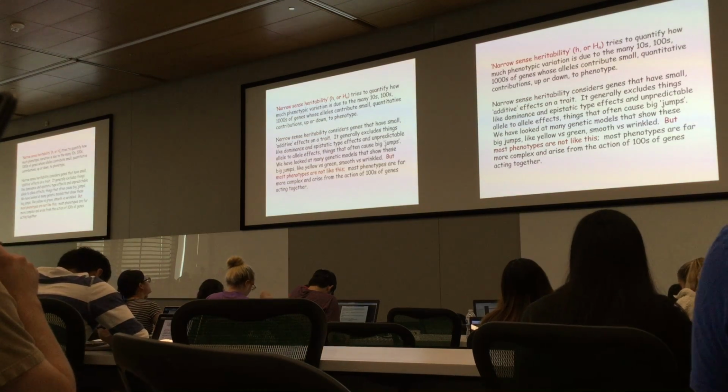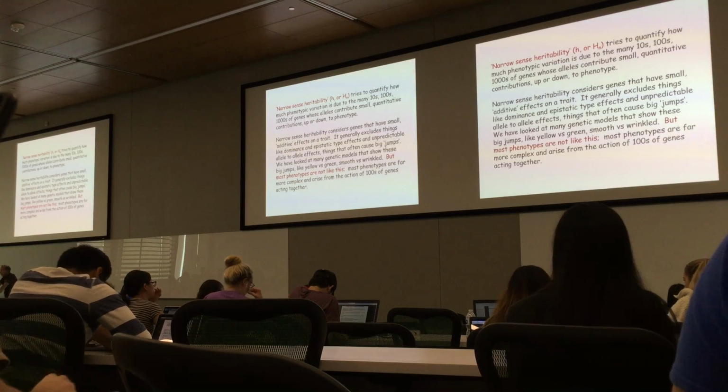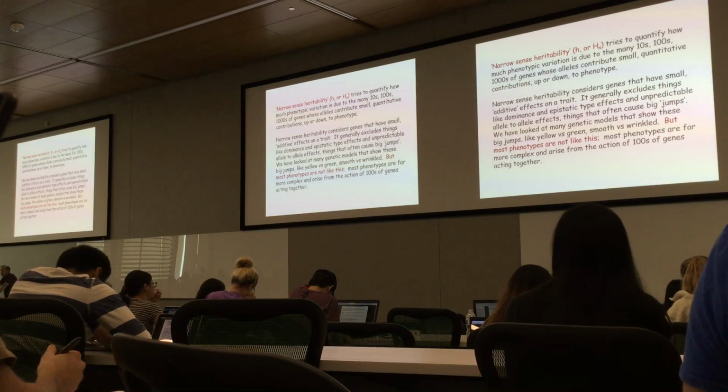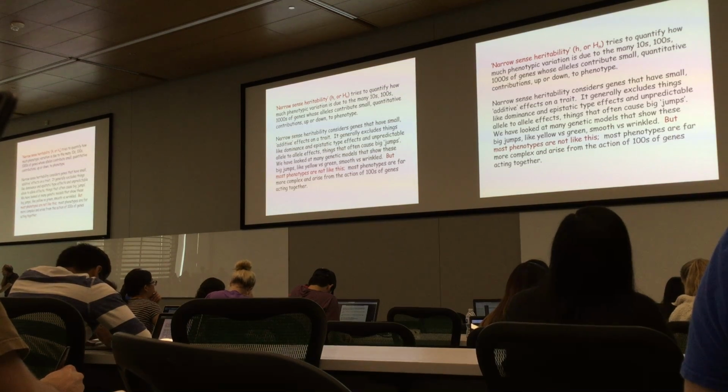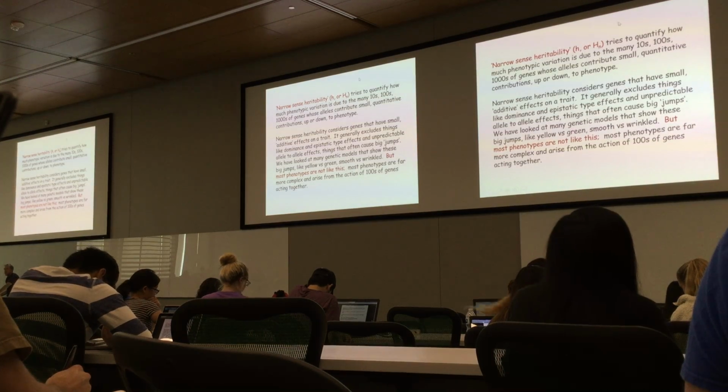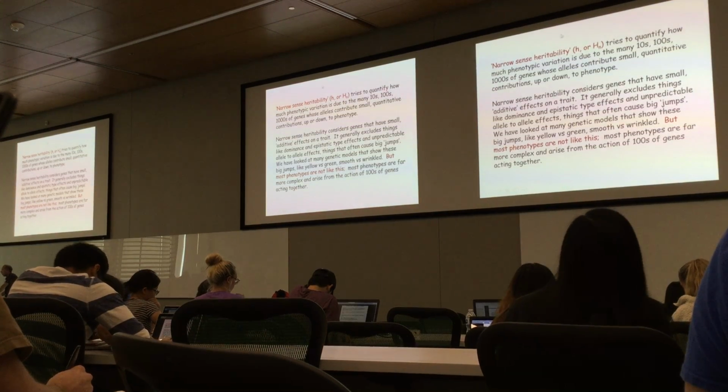There's another concept that turns out to be more useful in estimating whether we will succeed in artificial selection experiments, and that is narrow sense heritability. And again, it's given different designations, which I'm not going to worry about very much.